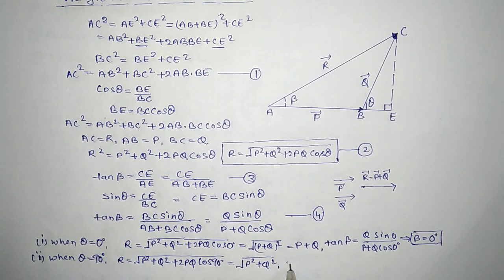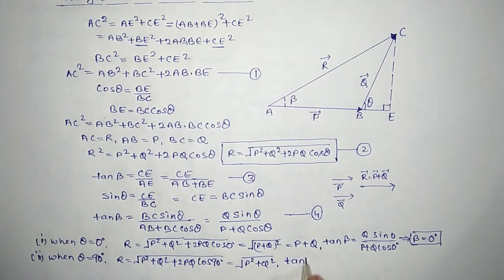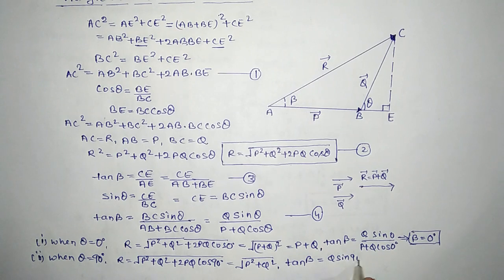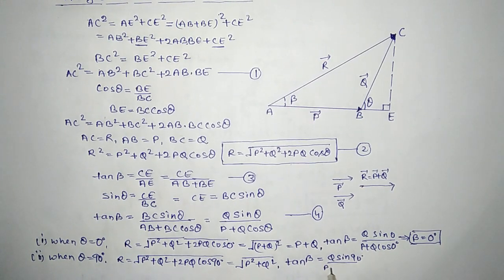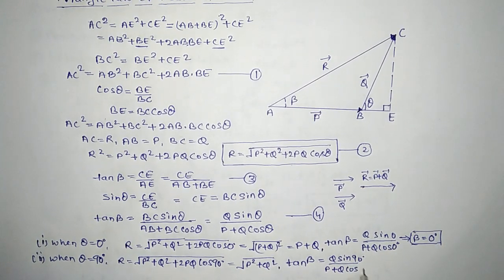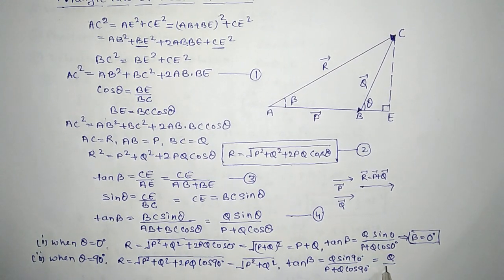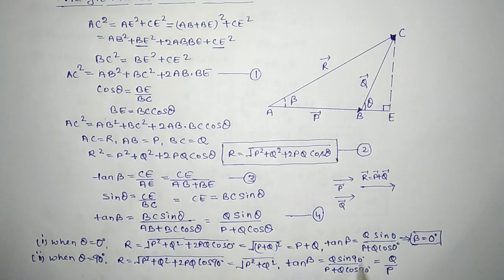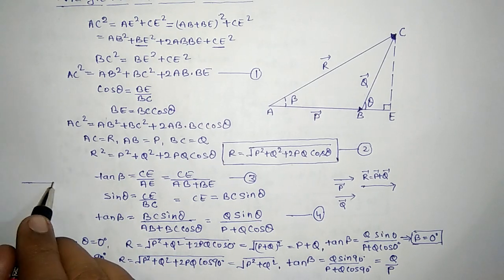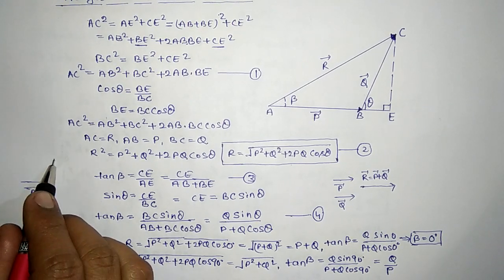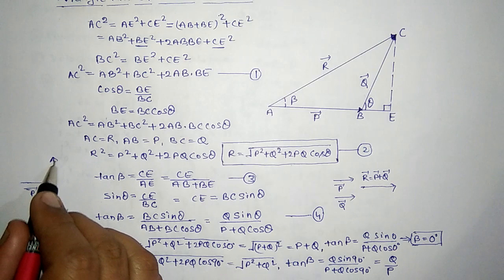The angle is given by tan beta is equal to Q sin 90 upon P plus Q cos 90, which will be equal to Q by P. The situation is like this, as P is acting in this direction and Q is acting in this direction.